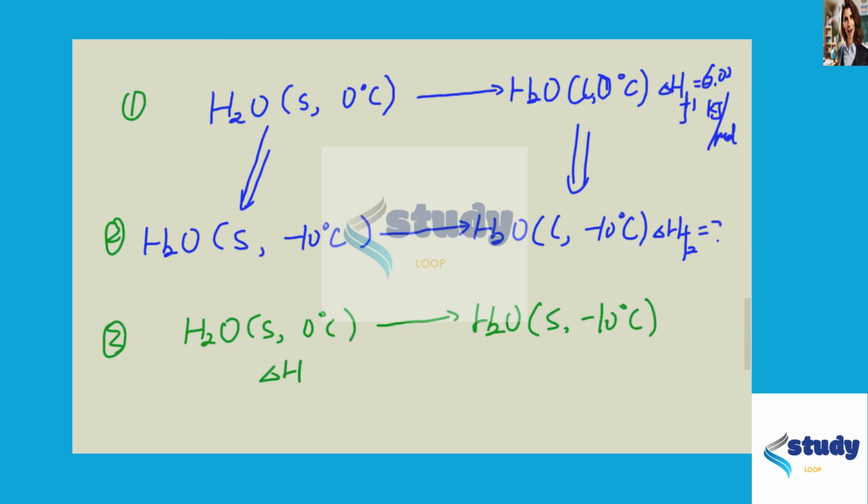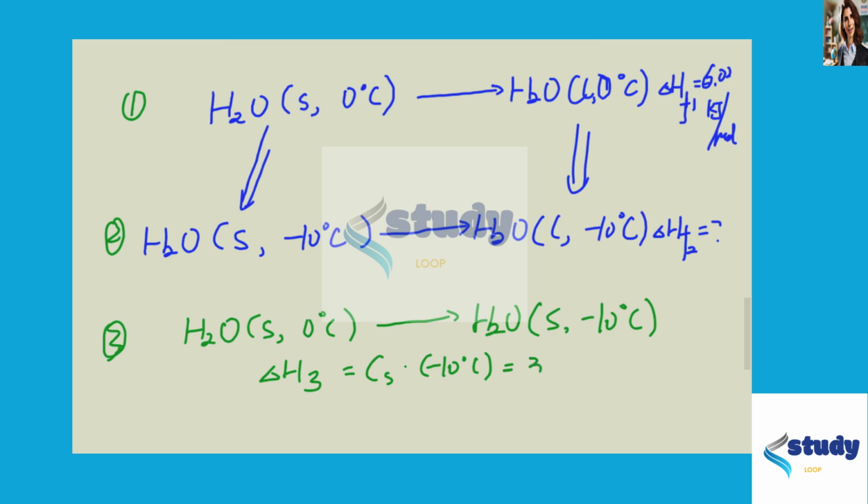This energy, delta H3, is simply equal to the heat capacity of the solid, because this is per mole so we don't have to use mass, times the change of temperature, which is -10 degrees C. So we can just do the calculation.